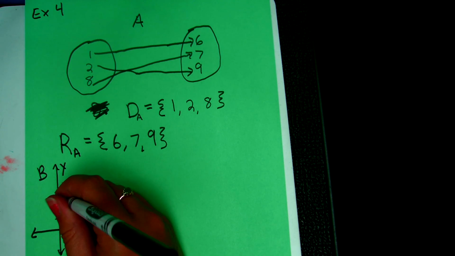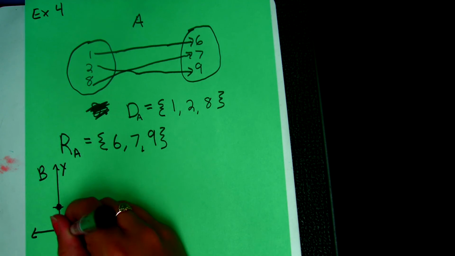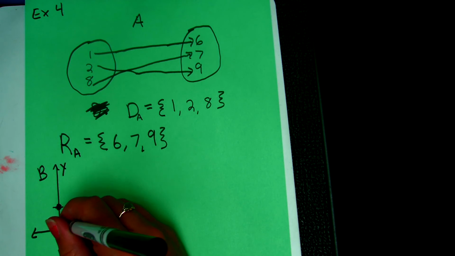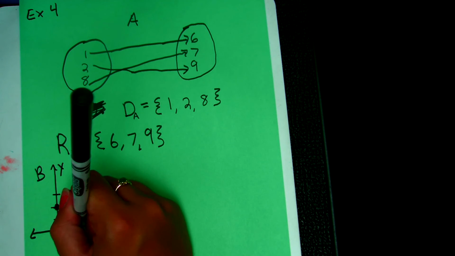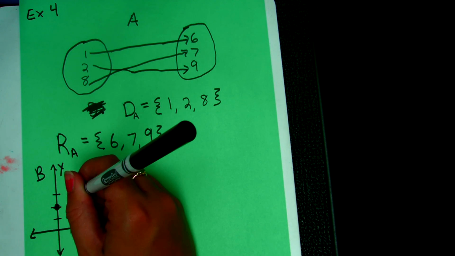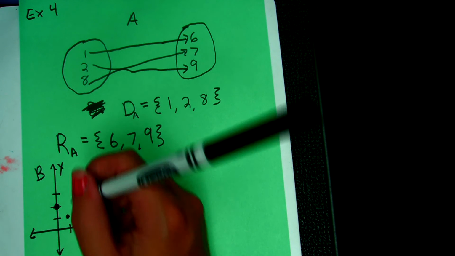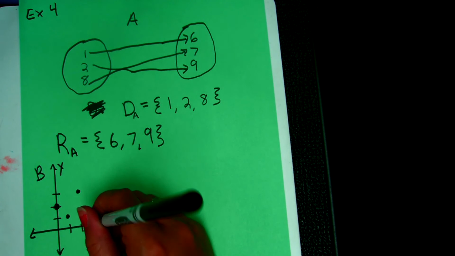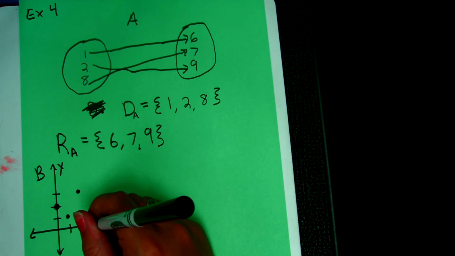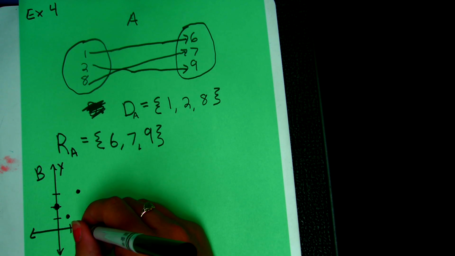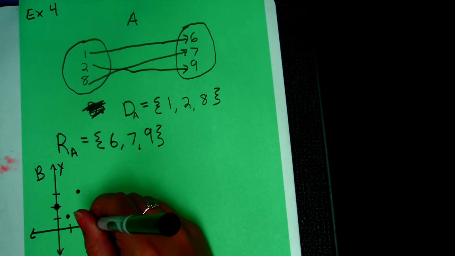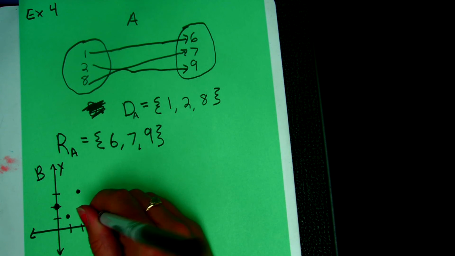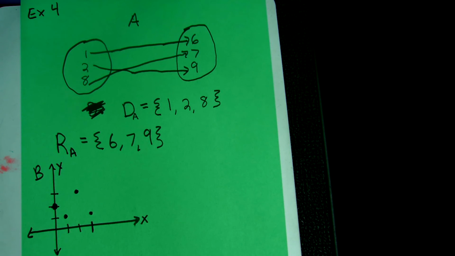We have a point at 1, 1. We have a point at 2, 3. And we have a point at, no, I'm sorry, 3, 1. 1, 2, 3, 1, so right here. All right, so we want to list our domain and our range.